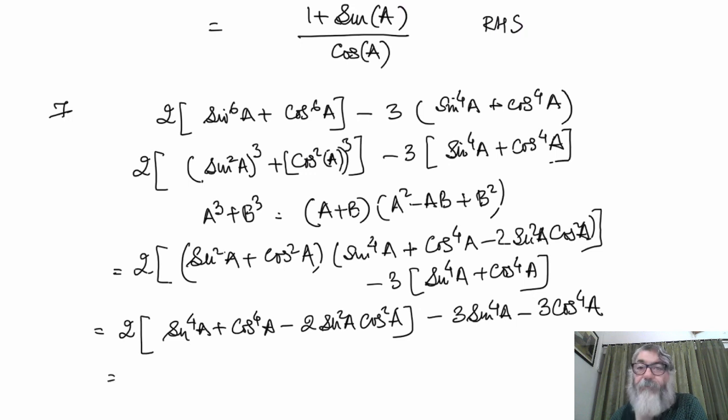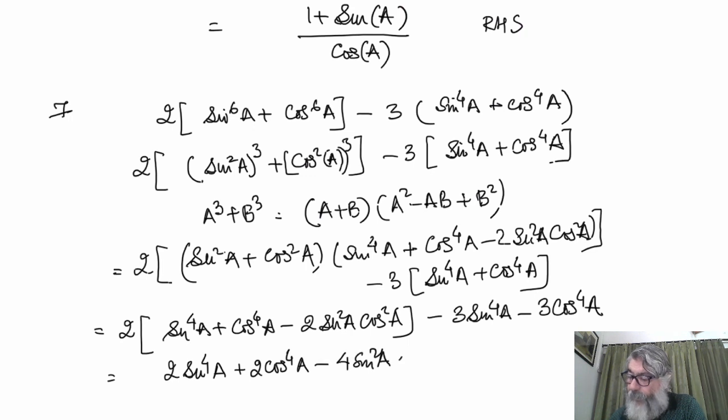When I'll open this bracket, I'll multiply everything by 2. It will be 2 sine 4a plus 2 cos to the power 4a minus 4 sine square a cos square a minus 3 sine to the power 4a minus 3 cos to the power 4a.